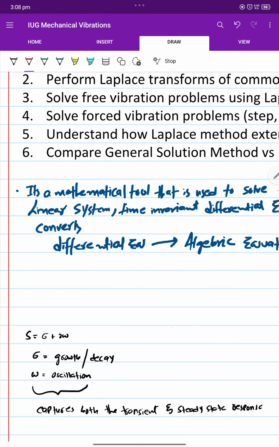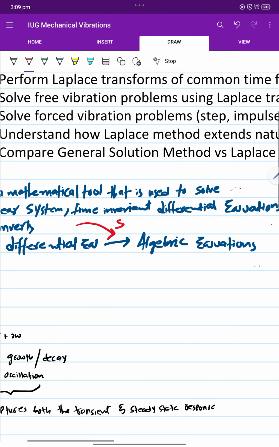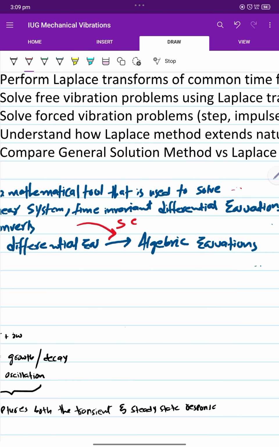And how do we do it? We do it by using a Laplace complex variable. That's called the complex variable. There are many other purposes for using the Laplace transformation as well.